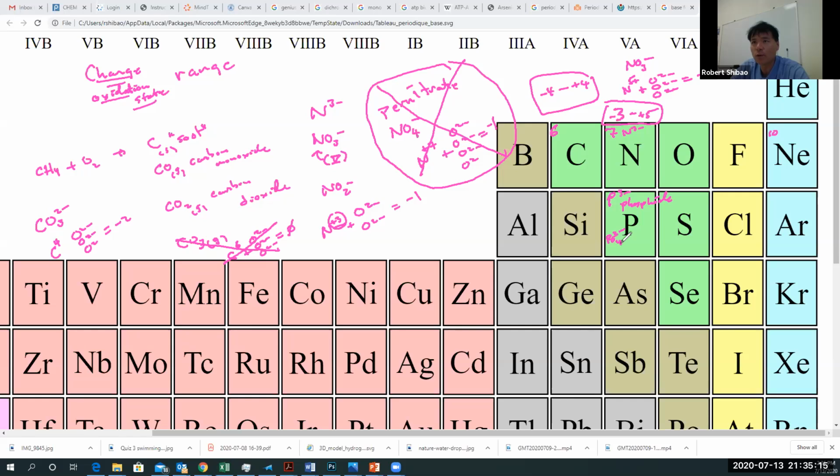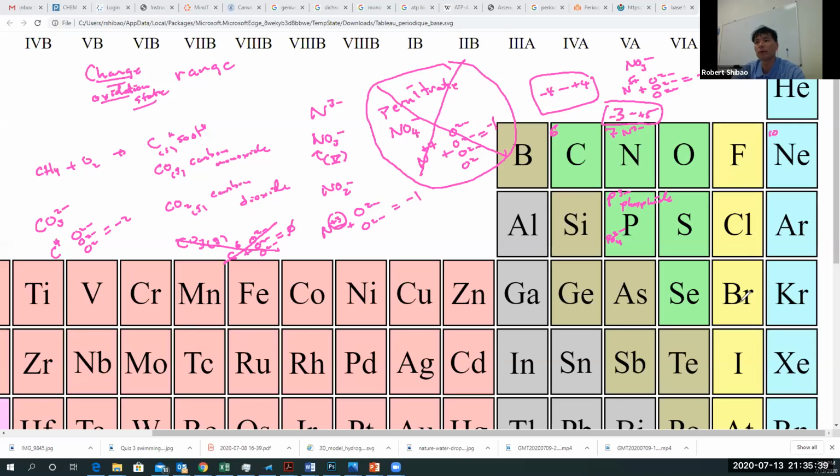But if we have 4 oxygens at -2 each, so -2 times 4 is -8, then phosphorus must be +5. So we don't expect perphosphate to exist. Perphosphate shouldn't exist, but phosphite could exist, of course. It's just for the halogens that we have the pers, okay?